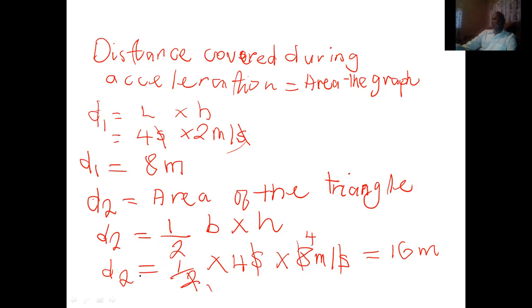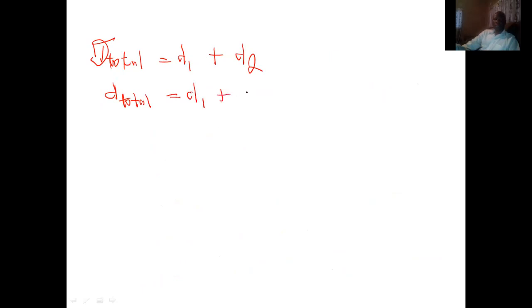So the total distance covered when Kunaka was accelerating is the addition of distance 1 plus distance 2. So distance total would be equal to distance 1 plus distance 2, which we have found.